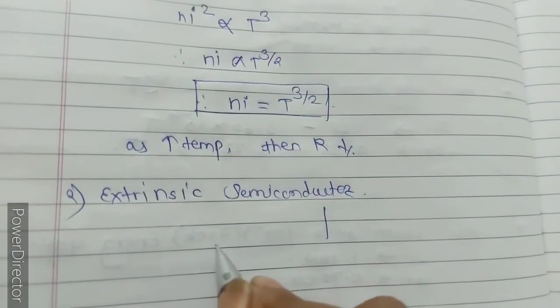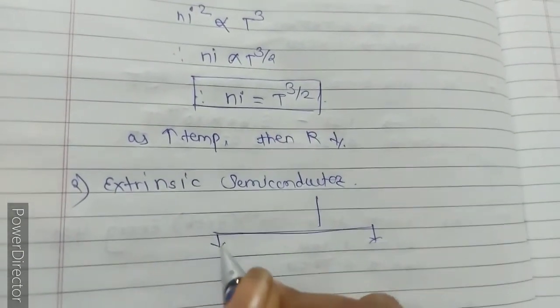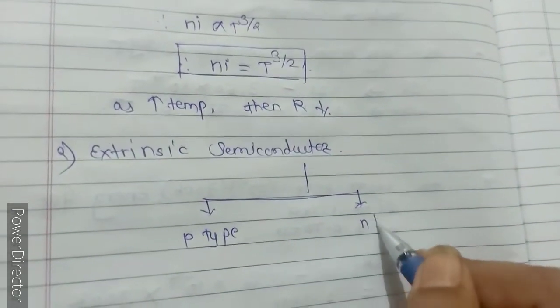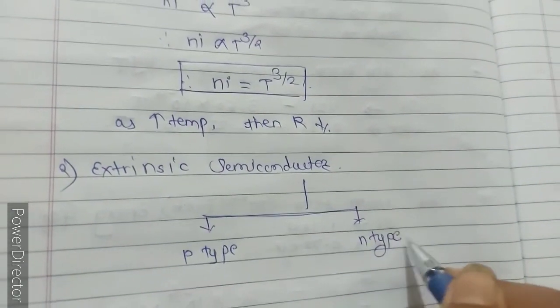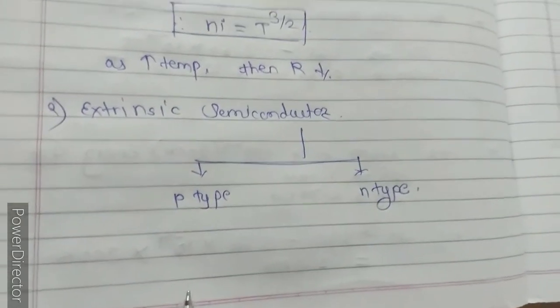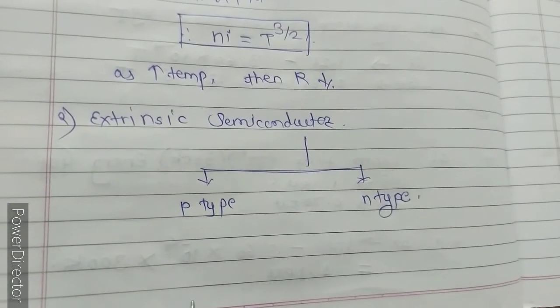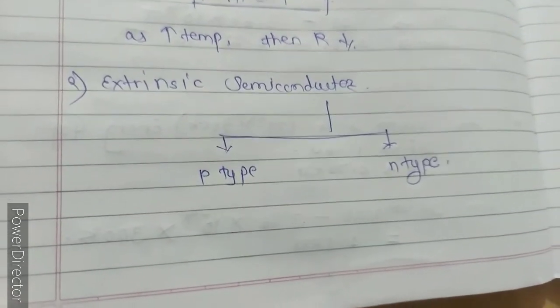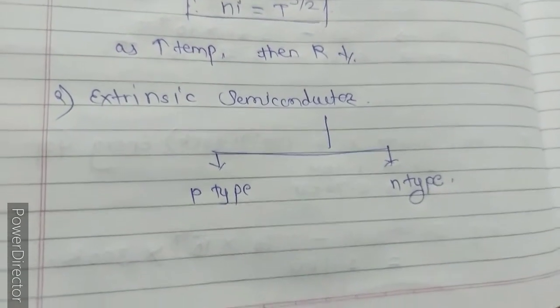It also has two types: the first one is P type and the second one is N type. Impurity addition to the semiconductor gives an extrinsic semiconductor, and this process is called doping.